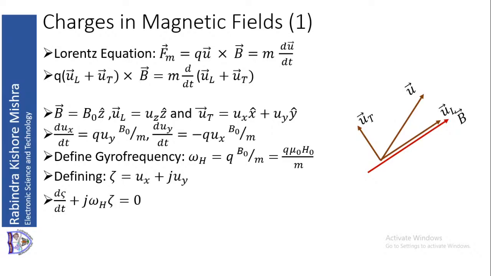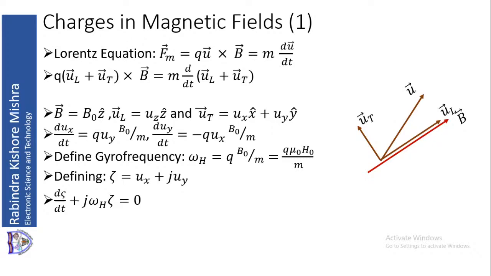Now you know dux by dt is equal to omega h uy, and duy by dt is equal to minus omega h ux. Now let us add these together: dux by dt plus j duy by dt. That you can write as d by dt of ux plus j uy. Ux plus j uy we have defined as zeta.